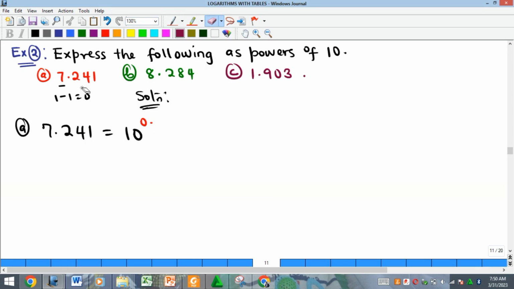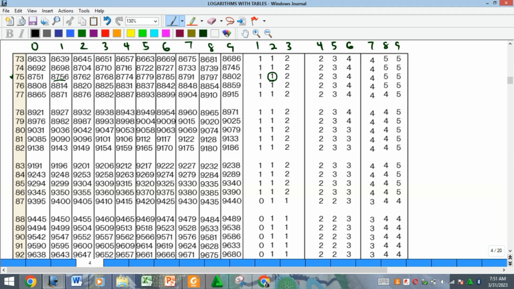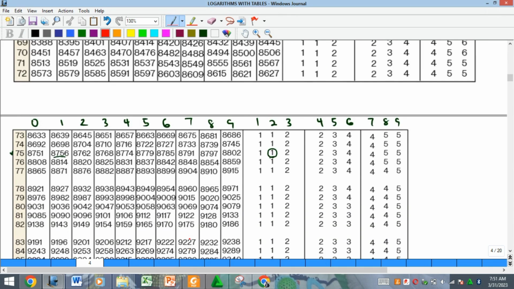And now to get our mantissa, we will need to look for 72. Remember I said it has to be 2 digits. So we're looking for 72 under 4 difference 1. So remember that while we go to our log table. We're looking for 72. 72 is not here. Let's just go up a little bit.